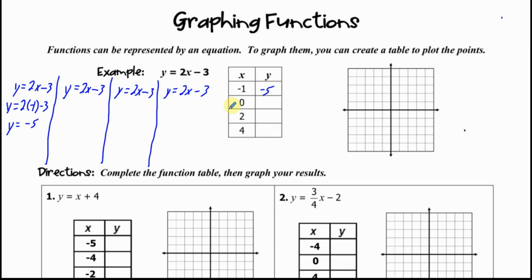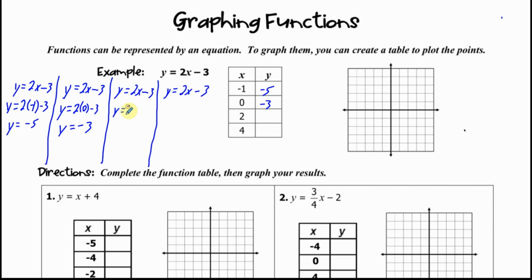Let's repeat. We're going to put 0 in for x. So now it's going to be 2 times 0 minus 3. So y equals 2 times 0 minus 3, and we get y equals -3. So when I input 0 for x, my output for y is -3. We're going to repeat with 2.